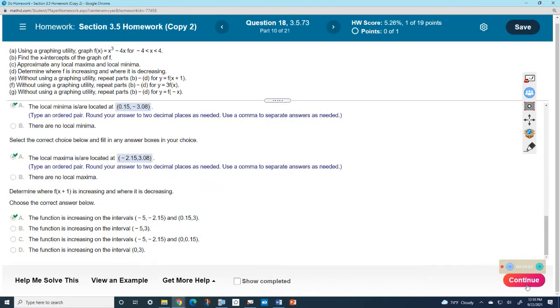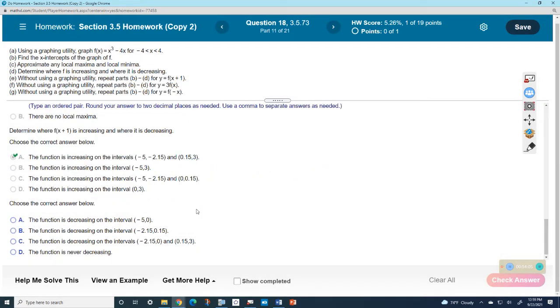And my interval of decrease before was negative 1.15 to positive 1.15. Well, if I subtract 1 from that, now it's going to be negative 2.15 to 0.15.